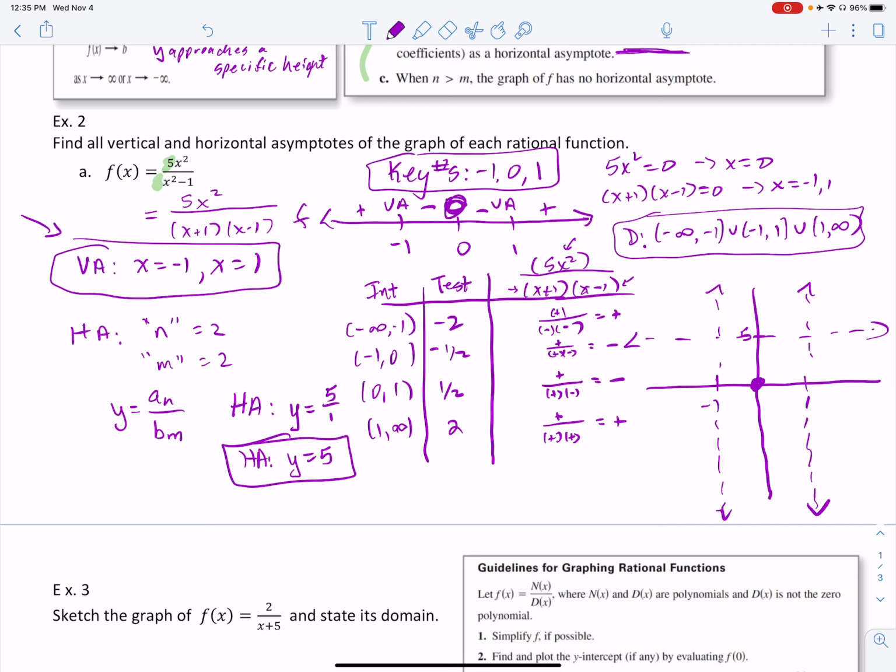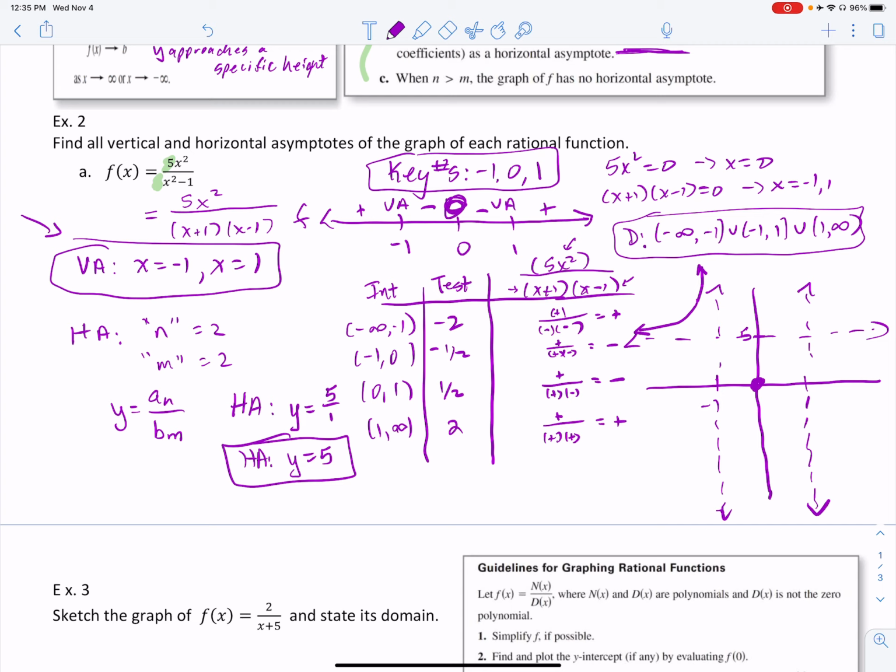And so now what I have happening here is to the left of -1, this function's positive. So the function must be going to positive infinity there and then approaching the horizontal asymptote, because the function has to be above the x-axis, but end behavior has to approach the horizontal asymptote.